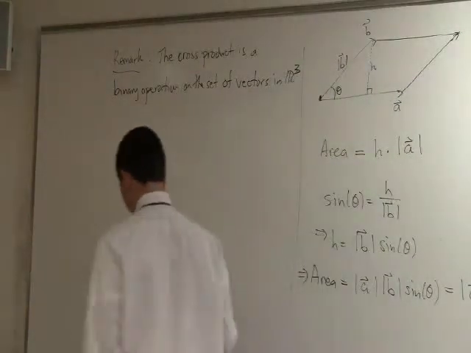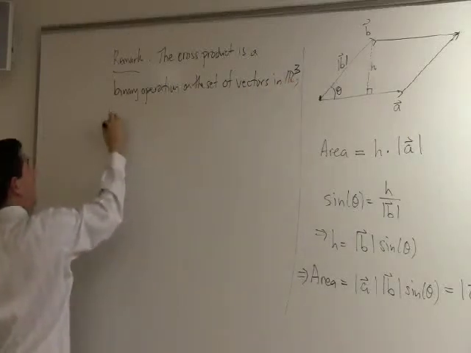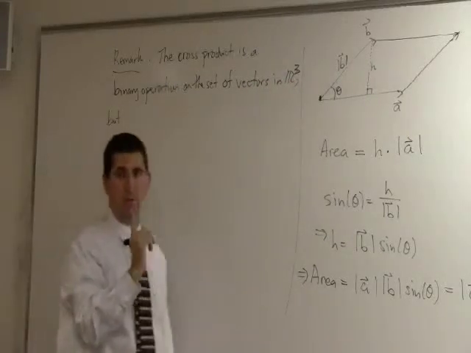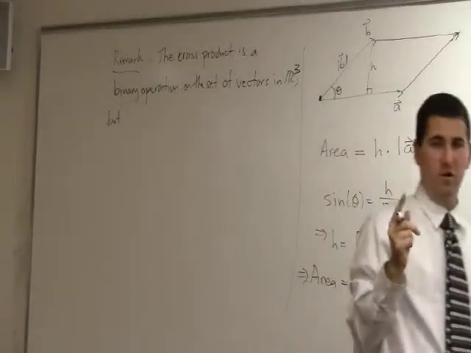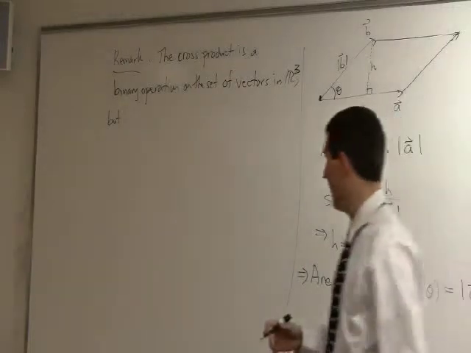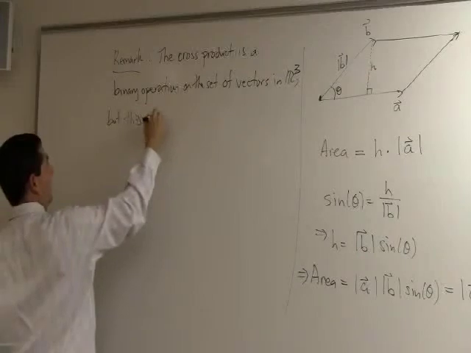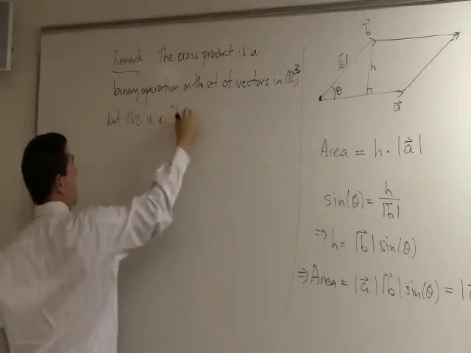Cool. But when you first see a binary operation, you should start asking questions about how nice it is, right? Is it associative? Is it commutative? Does it have an identity? All these good questions, right? But this is a bad binary operation.